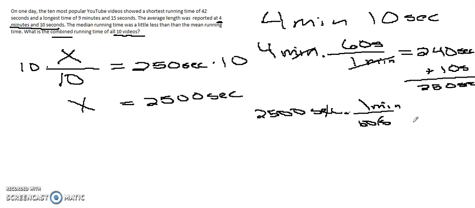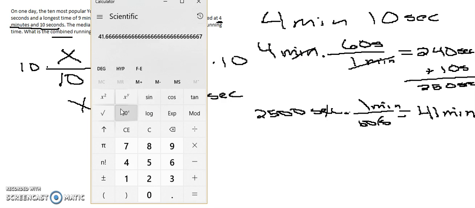And so I know this is going to be 41 minutes. And then that other decimal part, the 0.6666, that's going to be my seconds. And so I need to have that part still in seconds. So I have 41 total whole minutes.